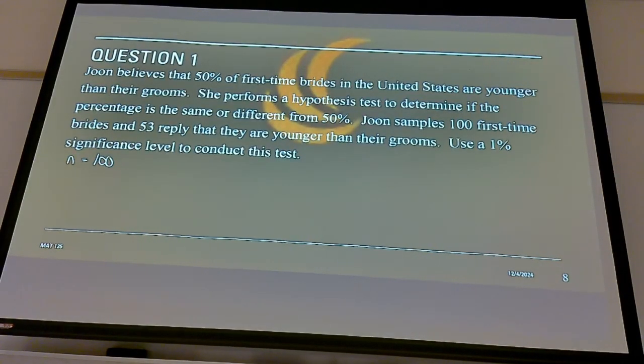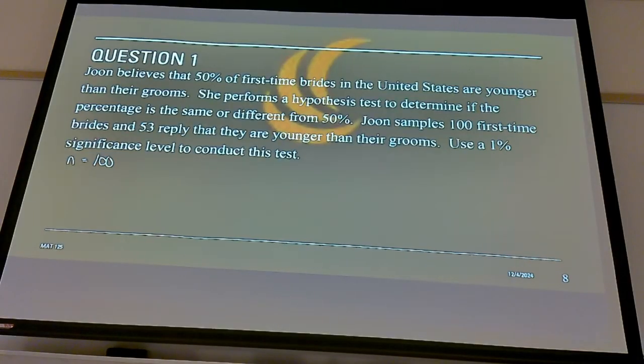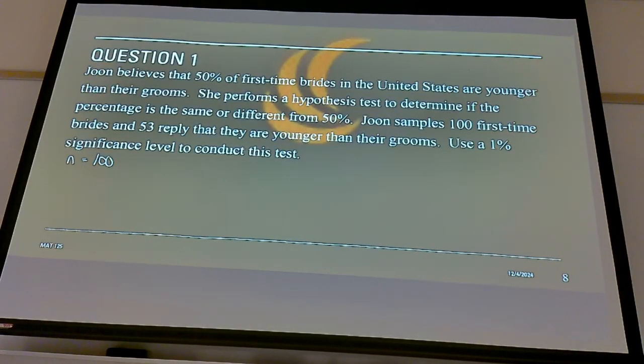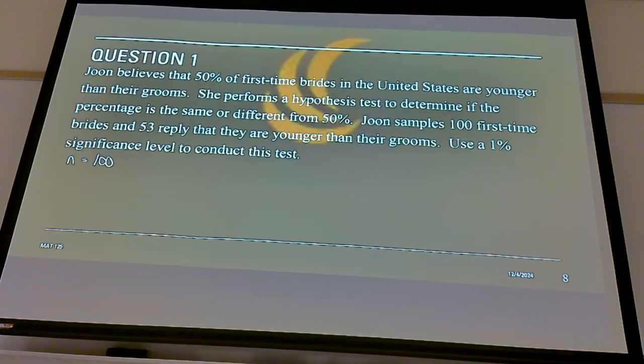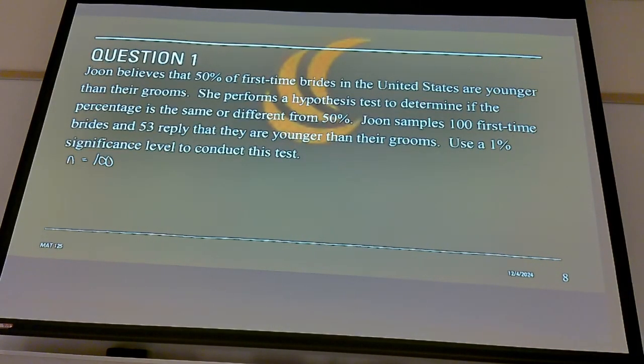Are there at least 20 in each category? Yes. I think that was it. You had to have two categories, at least 20 in each category. And then simple random sample. That's always the case.